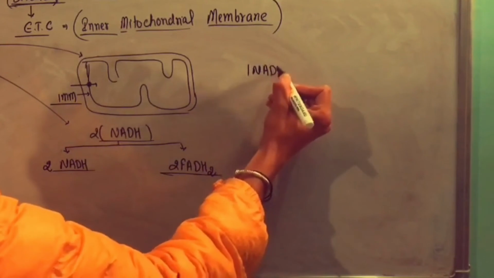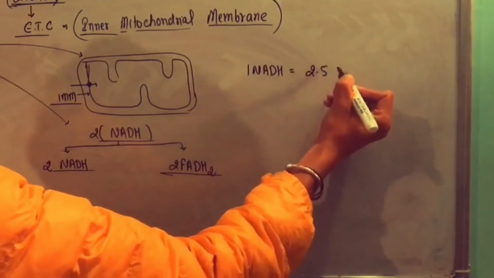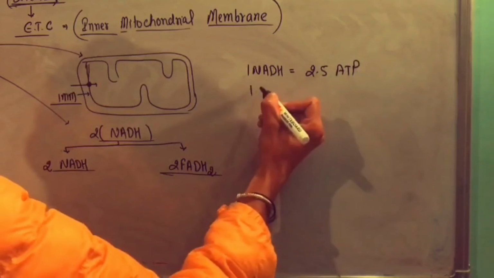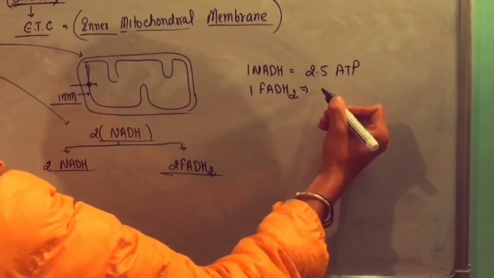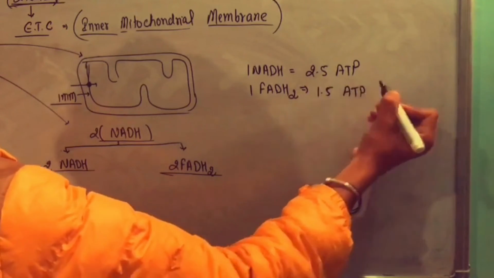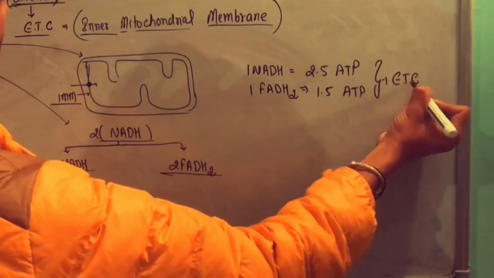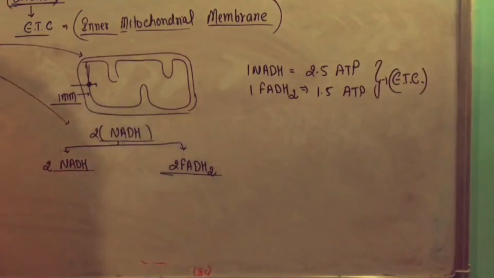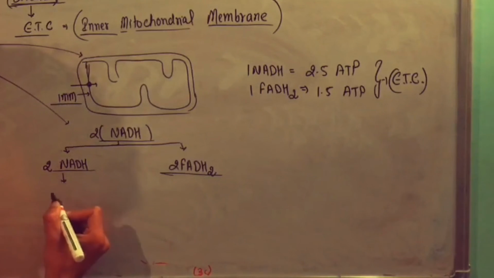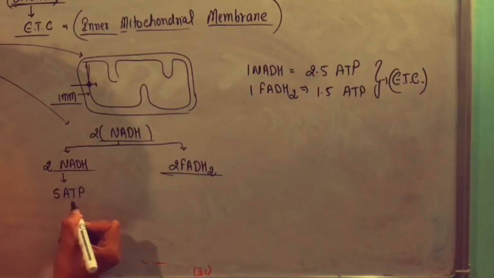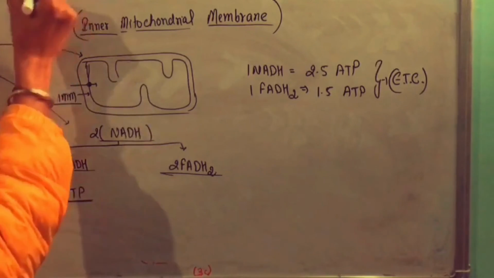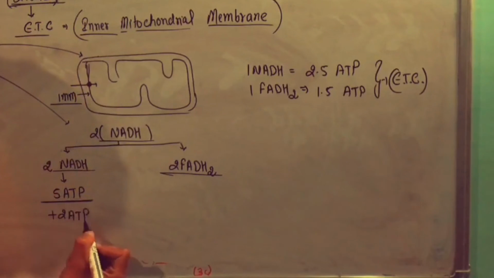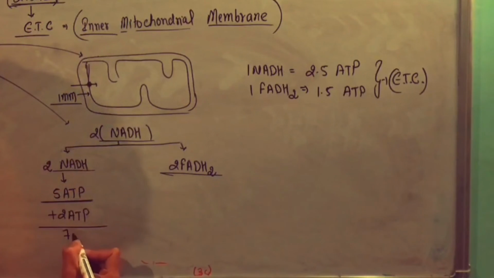One molecule of NADH will form 2.5 ATP and one molecule of FADH2 will form 1.5 ATP during the electron transport chain. If this is transported as NADH, it will form 5 ATP plus 2 ATP from SLP. The total makes 7 ATP during glycolysis.